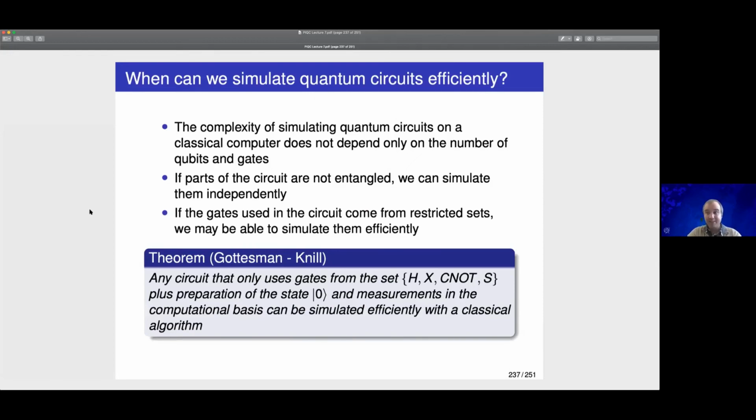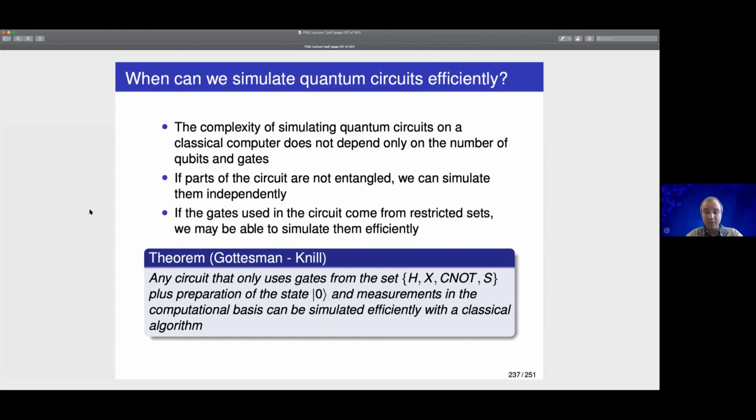So to design the experiment, you need to be careful because, although in general we do not know how to simulate quantum circuits with a classical computer, there are situations in which we have efficient algorithms for simulating quantum circuits even with a lot of qubits.